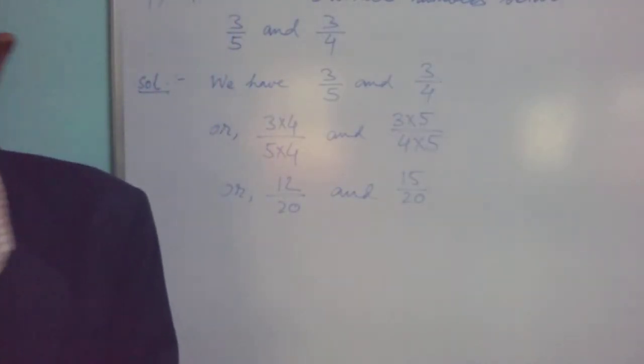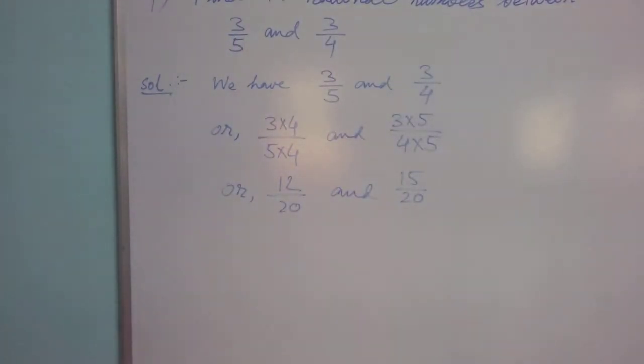Now you see, we need to find out 10 rational numbers between these two rational numbers, which is not possible now because we have only 13 and 14.